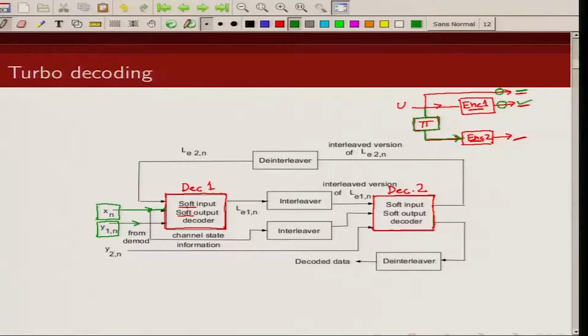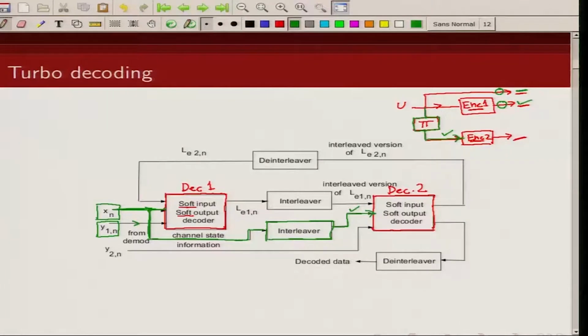So this is my received information sequence. To the second decoder, before I feed this information sequence, I am going to interleave it, so that the order of the information bits coming here and what is being fed to decoder 2 is the same.